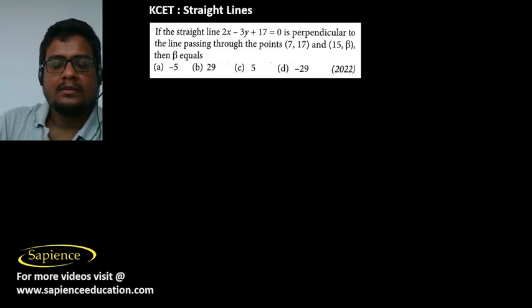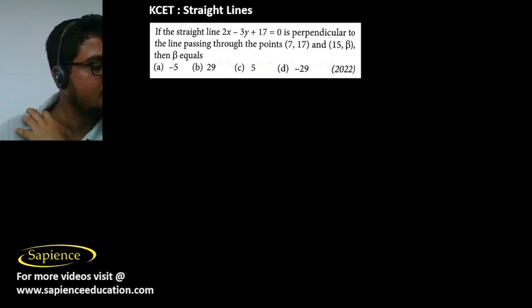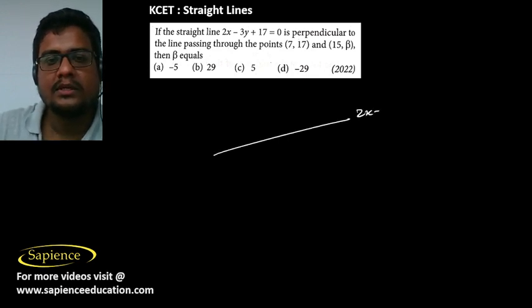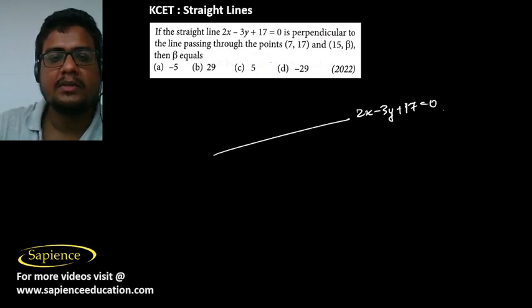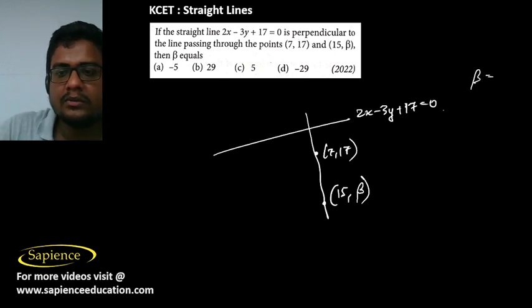Then here it is told that the straight line x - 3y + 17 = 0 is perpendicular to the line passing through the points (7, 17) and (15, β). Then β equals how much?